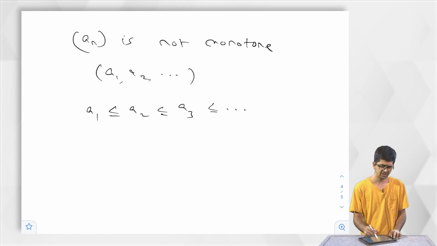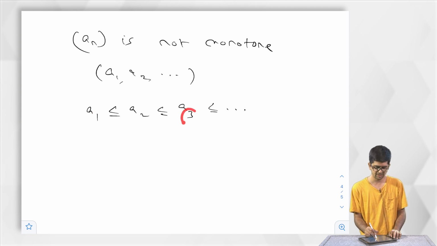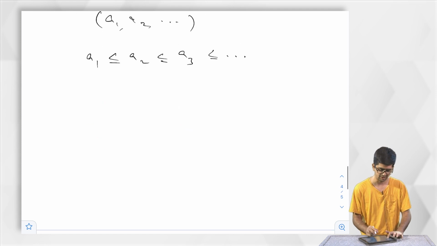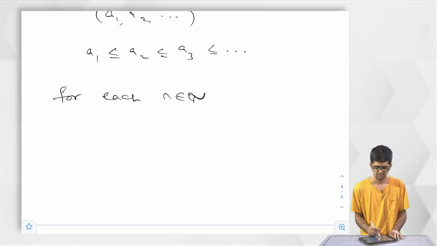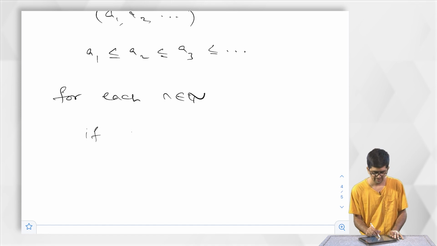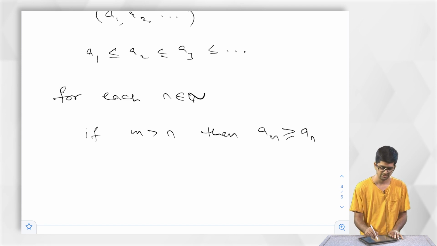So for each n belonging to N, if m is greater than n, then Am is greater than or equal to An.